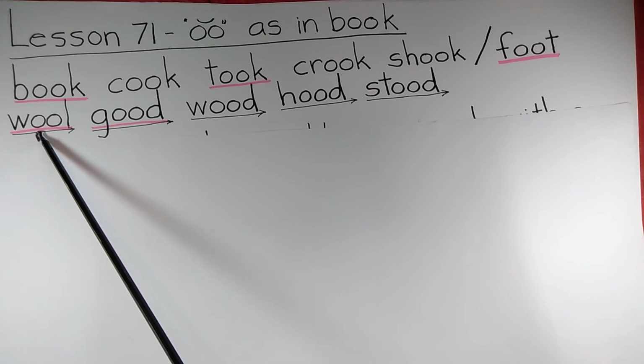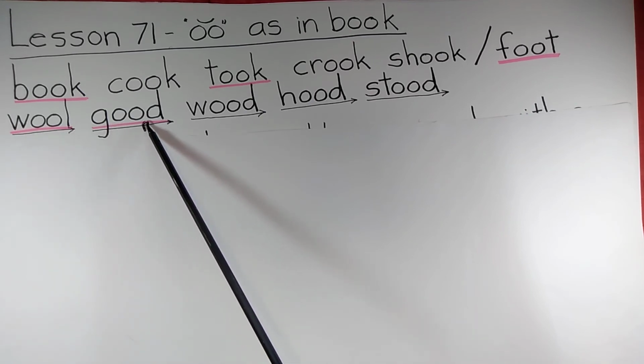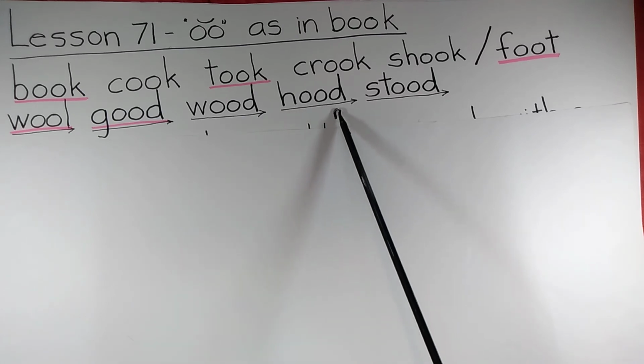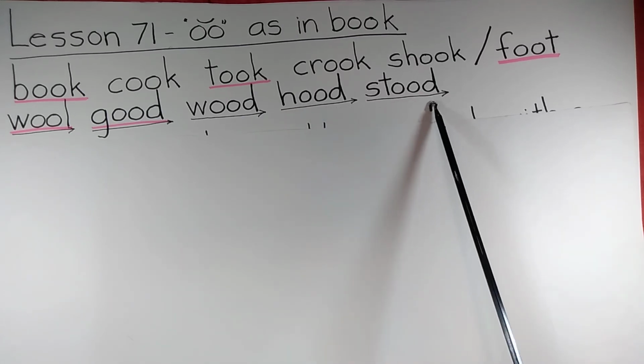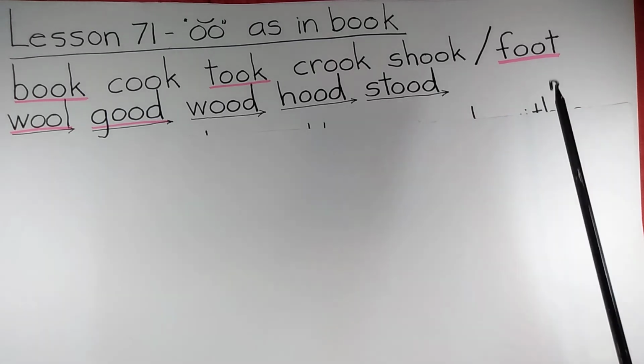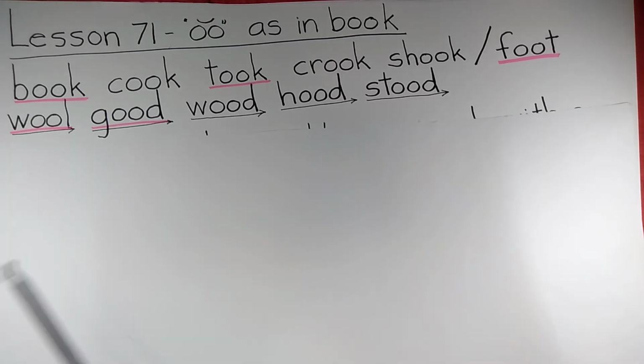We've got wool, good, wood, hood, stood. So, O-O as a sound does come up sometimes. Not as often as the double O-oo sound, but it is something students should know. Teachers have students read these to you.